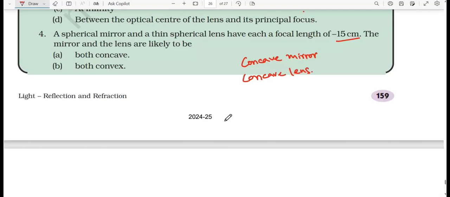We all know this. So the correct answer will be 4A. Both will be concave. If you don't know this sign convention, please mention it in the comment section. I will try to make a video explaining the sign convention of mirror and lens. For now, remember, for concave mirror and lens, the focal length is negative.